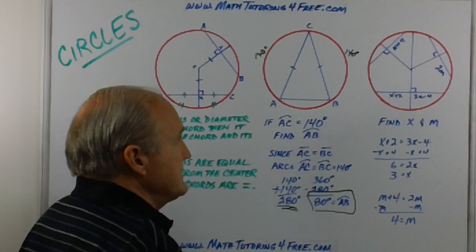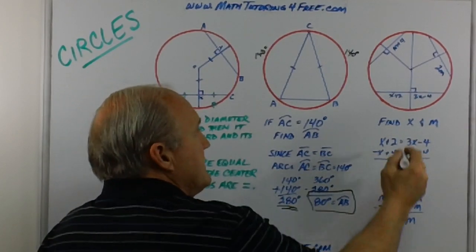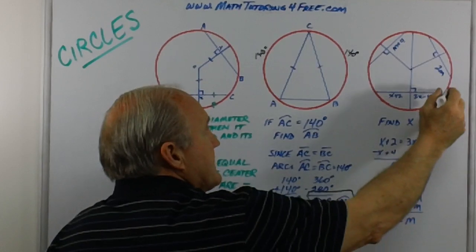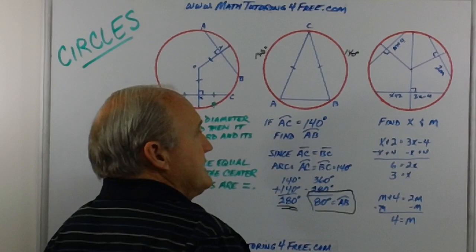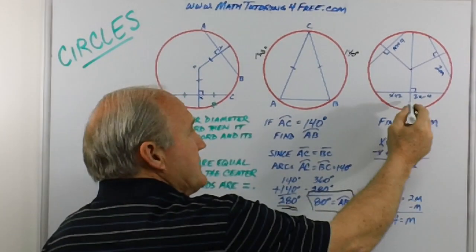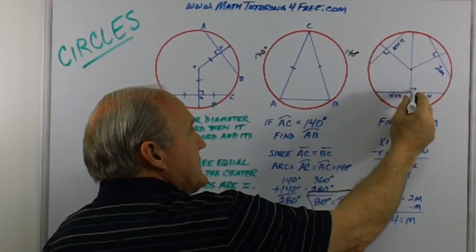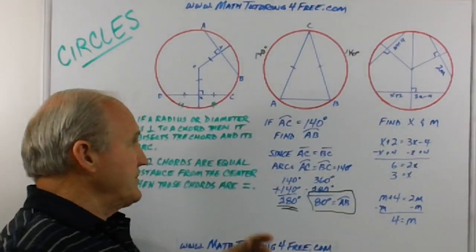This third circle is a little different in that it shows, again, two chords, actually three chords. The first chord here, we're asked to find x and m, and let's indicate that it's perpendicular. Again, the radius is perpendicular to the chord. What did we say back here?